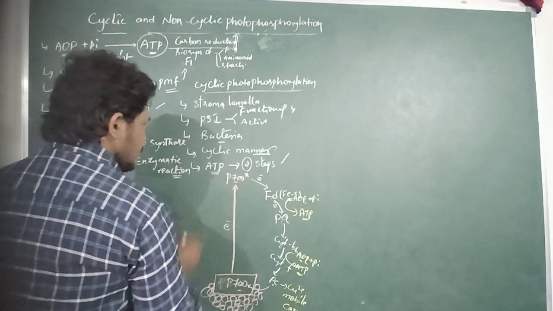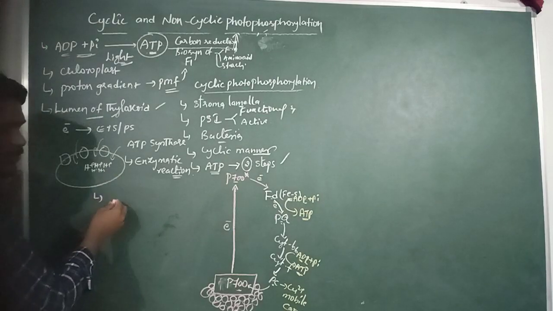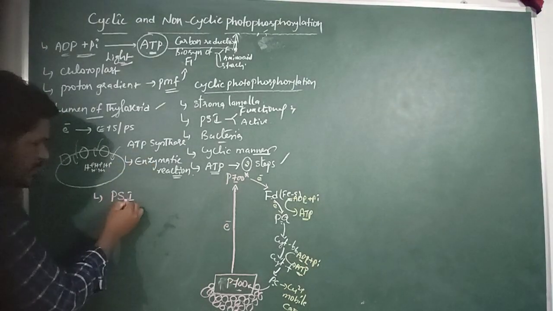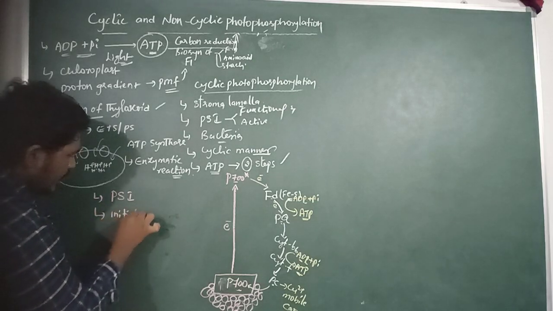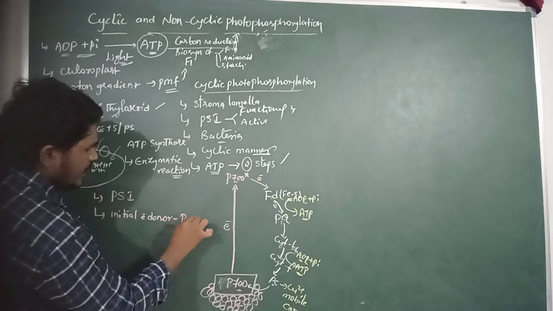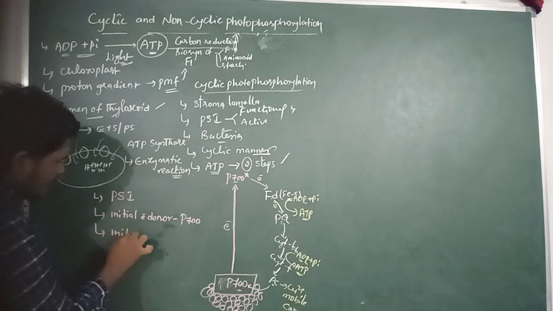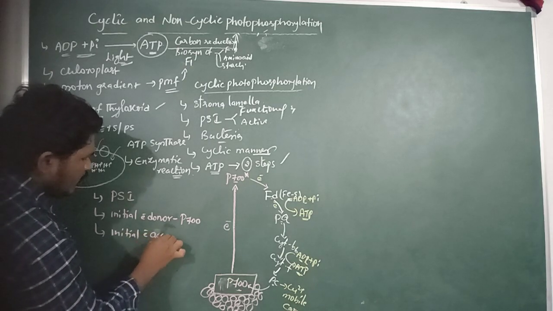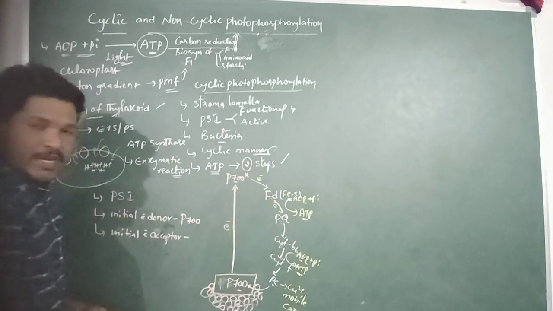So if we observe the cyclic photophosphorylation, the involved photosystem is only PS1. The initial electron donor is P700. The initial electron acceptor in the cyclic photophosphorylation of PS1 is the iron sulfur protein, or ferredoxin.